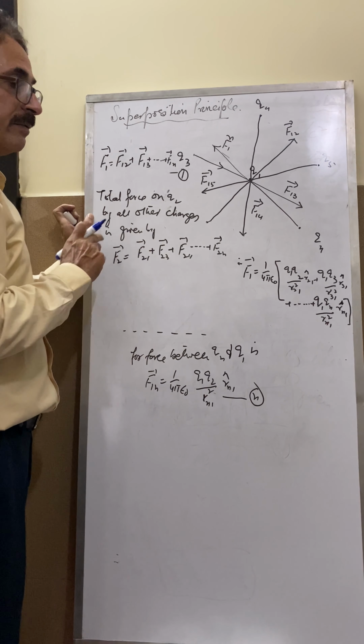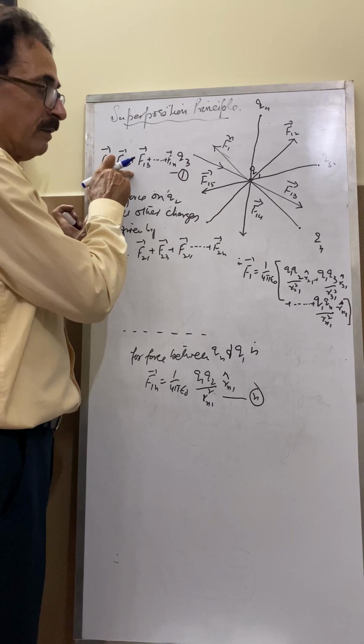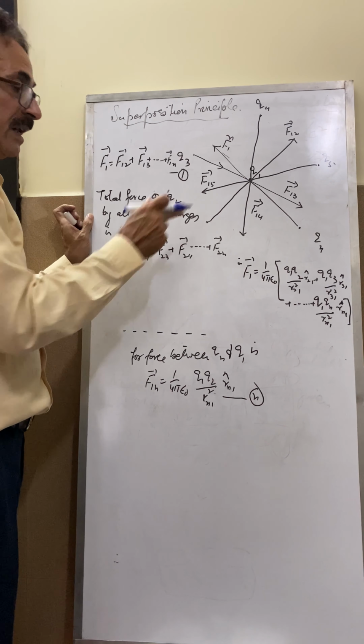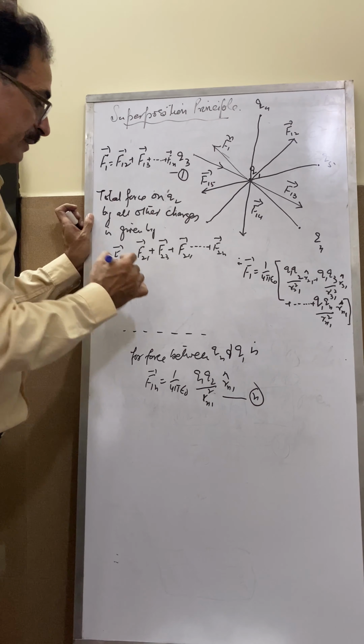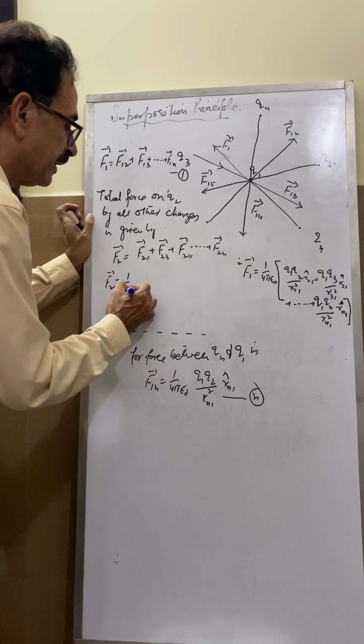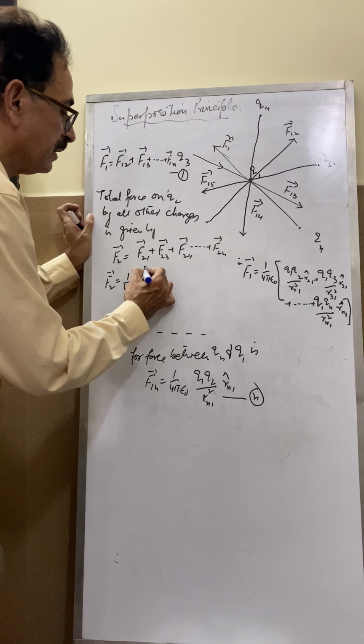That means Q2 is now the given charge. Here Q1 was the given charge. Here Q2 is the given charge, surrounded by all other charges. Therefore, F2 can be written as 1 upon 4 pi epsilon naught, which again will remain common.